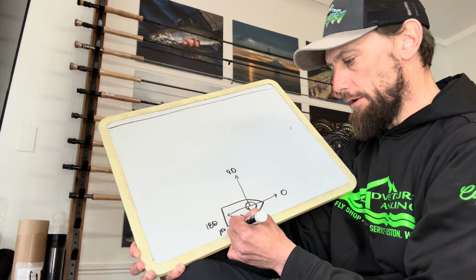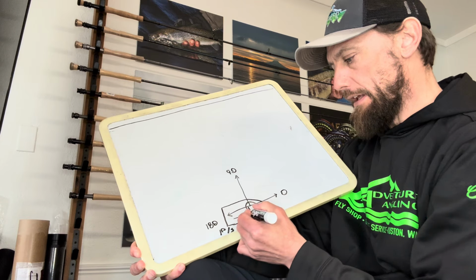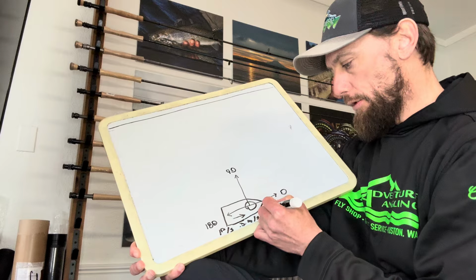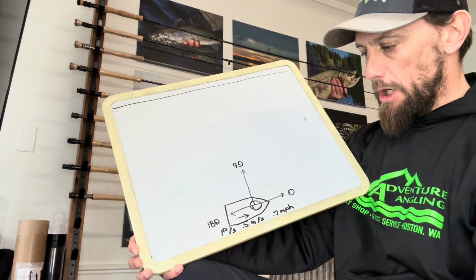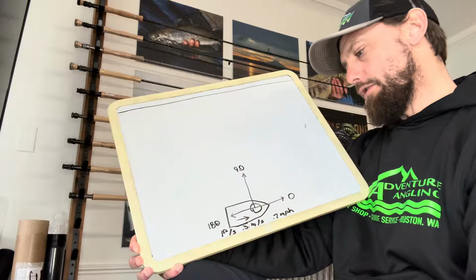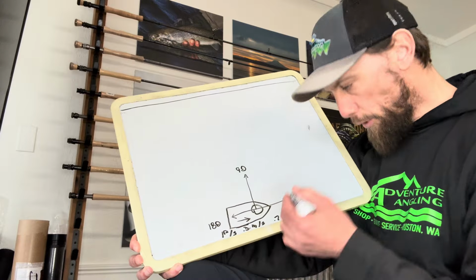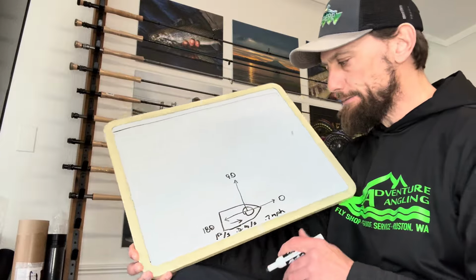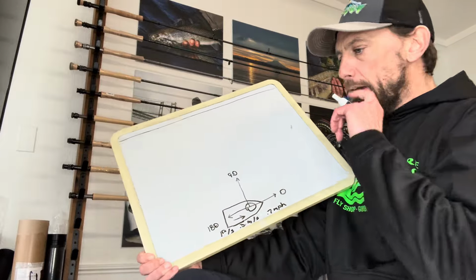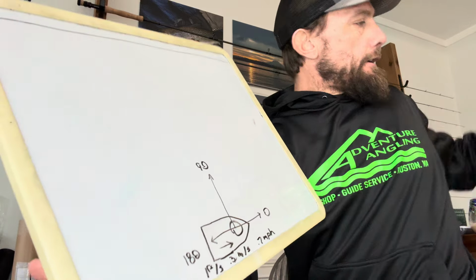I guess we could just put 0.3, it's less confusing. Or about 0.7 mph. That is the ideal speed for fishing for cutties. Okay, let me just get rid of this here.